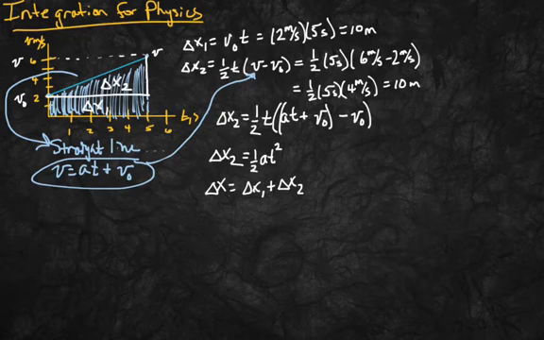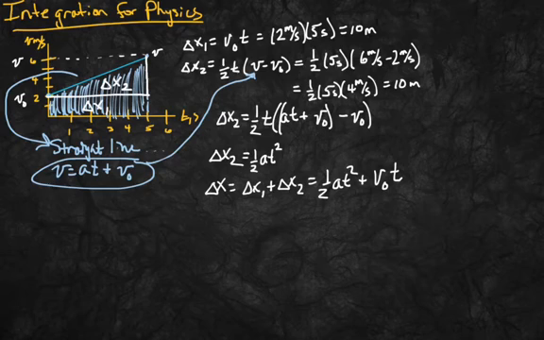Okay, we know that we can add these areas together to find the total area underneath the graph. Yes? Profound idea. Okay, so we add these two areas together. We're getting 1/2 at squared plus v naught t. This should look familiar to you guys.